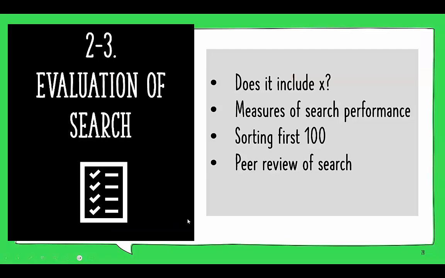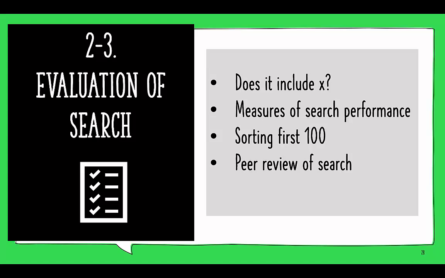Okay. So in evaluating the search, there's basically 4 ways that I could really think of. One of the first things that I do a lot of is, does it include article X, whatever article it is? We can also look at measuring search performance. And I have some of the equations there and some articles if you want to look at those.